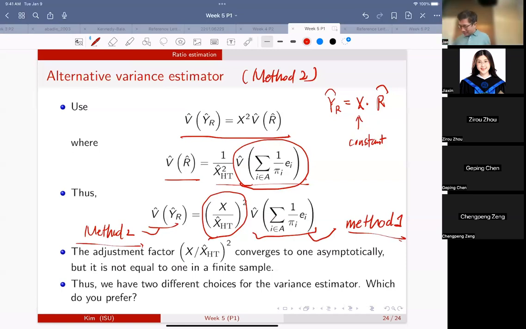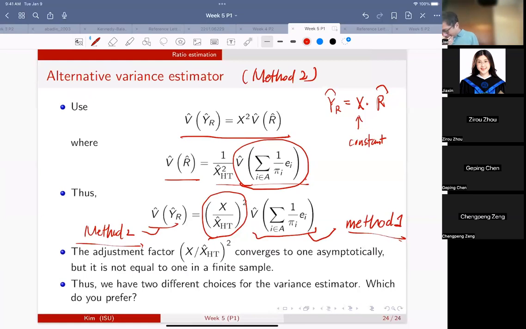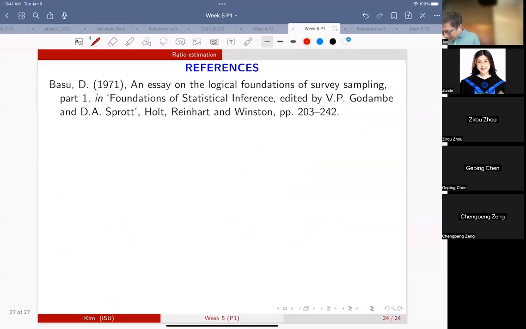But here's some hint. In many cases, say this is X and Y. If you think of the data using ratio estimation, the basic idea is there must be some kind of positive correlation, right? So this could be crop acre, and this is crop yield, right?